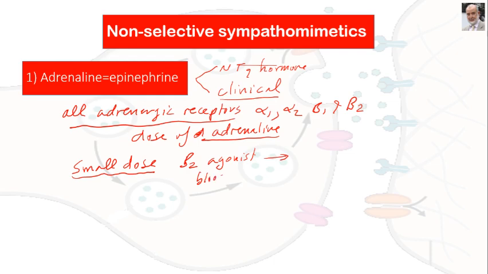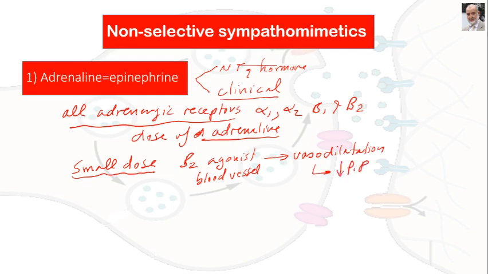So what do you expect will happen in this case? By stimulating the beta-2 receptors on the blood vessels, will they dilate or contract? It will dilate. So vasodilatation will take place. If vasodilatation takes place, what will happen to the peripheral resistance? Decrease, of course.